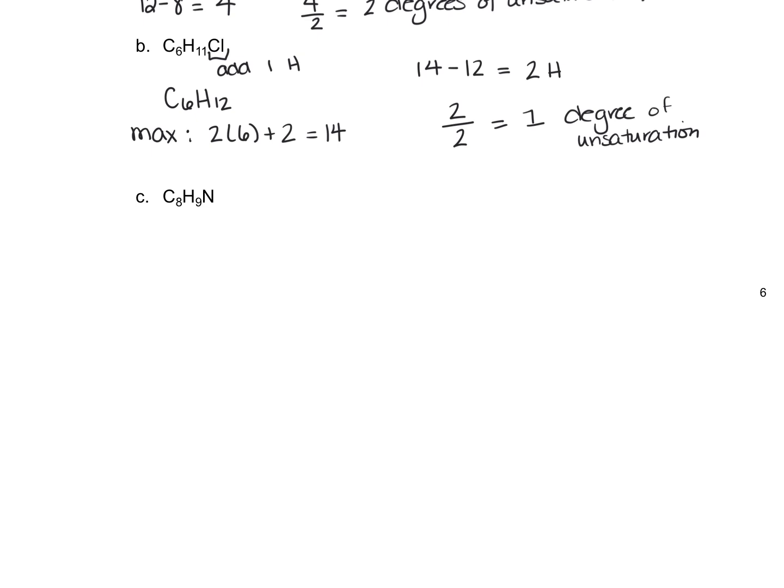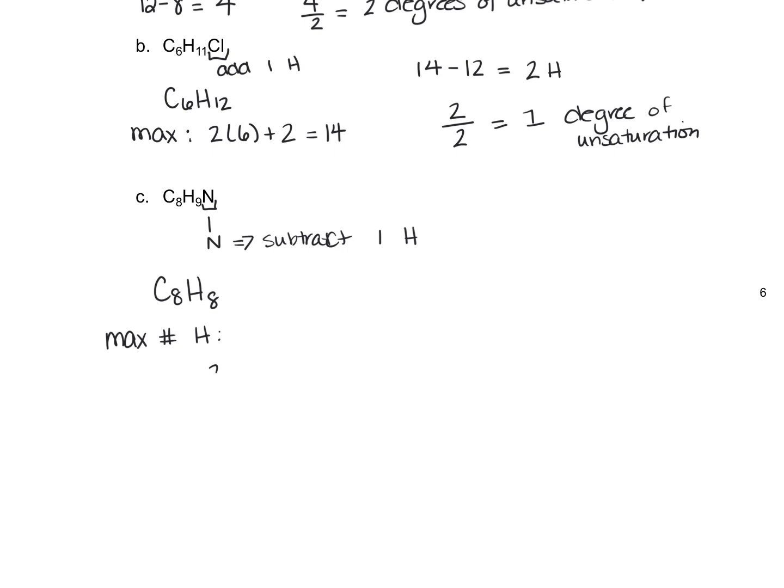Now, let's do an example with nitrogen. We said nitrogen is equivalent to a hydrocarbon having 1 fewer hydrogen. So with that nitrogen there, you need to subtract 1 hydrogen. That means this formula would be similar to C8H8. So let's figure out our max number of hydrogens.